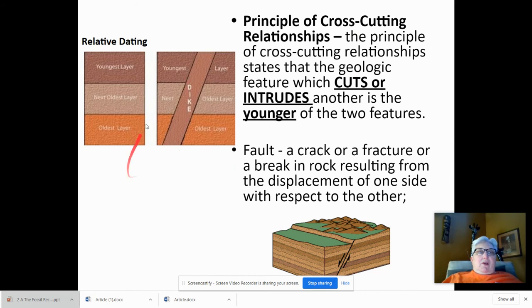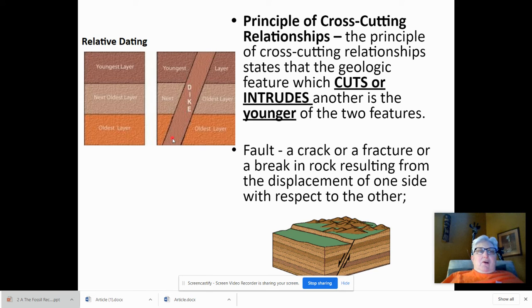Another principle is what we call cross-cutting. So sometimes you'll see rock layers that don't belong in a particular area. So here's our youngest and our oldest layers, just like we said, right? Eldest at the bottom. And sometimes we'll have an intrusion that moves through all layers of that rock, right?